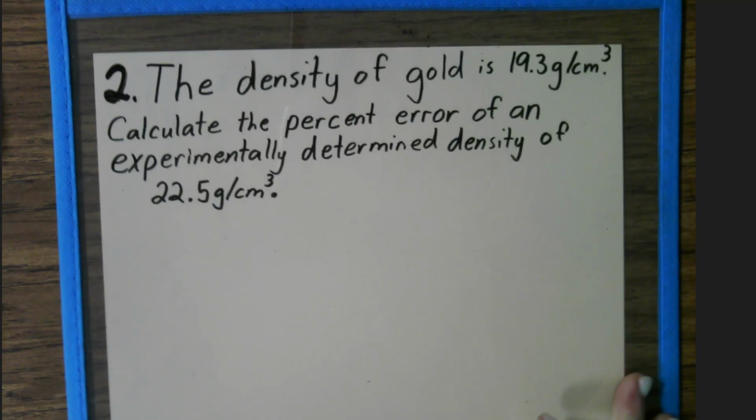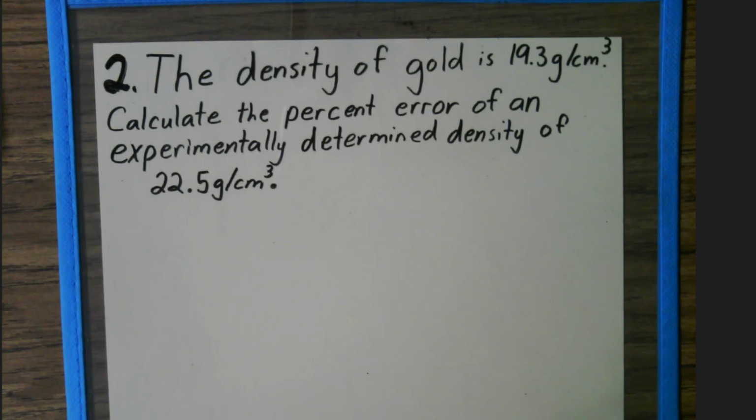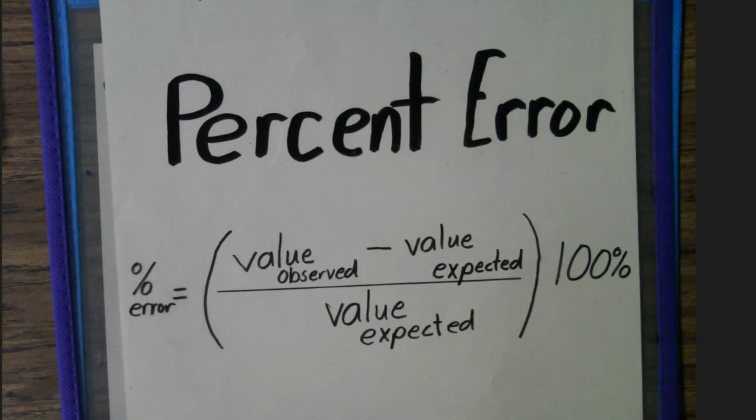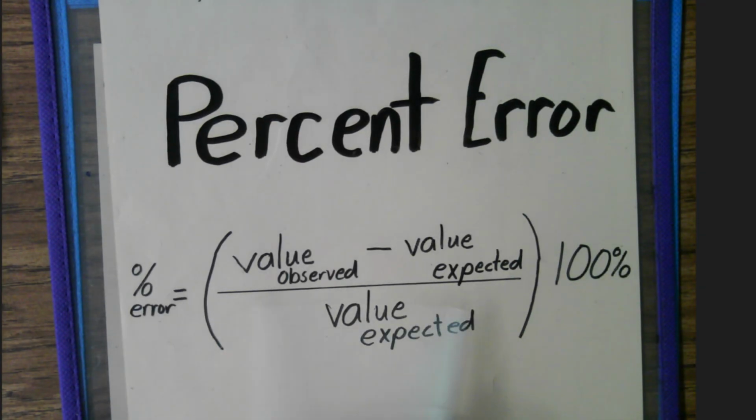All right. The density of gold is 19.3 grams per centimeters cubed. Calculate the percentage error of an experimentally determined density of 22.5 grams per centimeters cubed. So we're starting with our formula again. We're going to have our value observed minus our value expected, divided by our value expected, times all of that times 100.